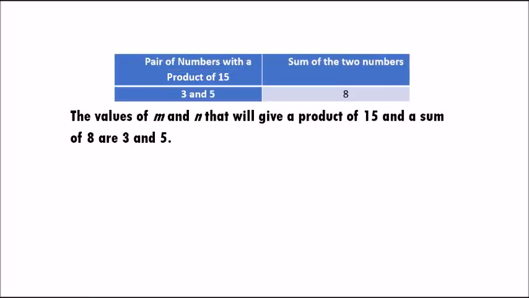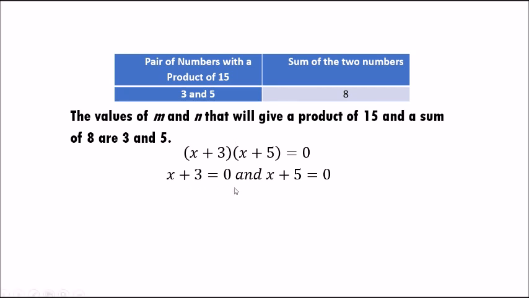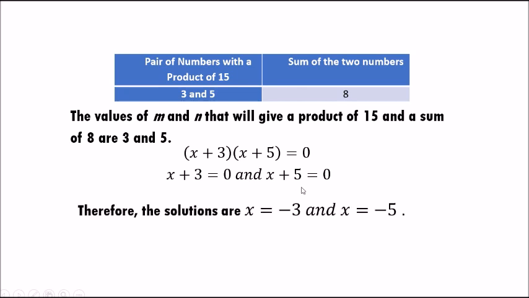The values of m and n that will give a product of 15 and a sum of 8 are 3 and 5. Last term or yung ating c. So, equate natin x plus 3 equals 0 and x plus 5 equals 0. So, therefore, the solutions are x equals negative 3 and x equals negative 5.